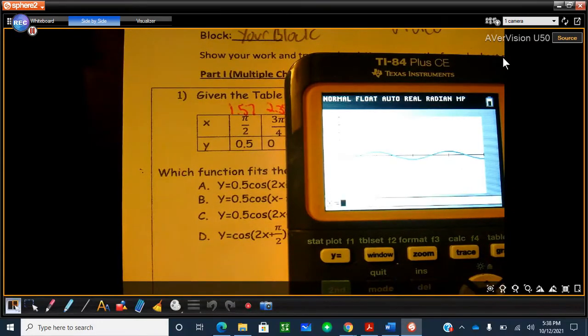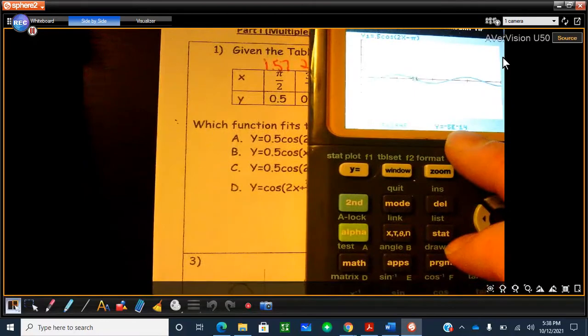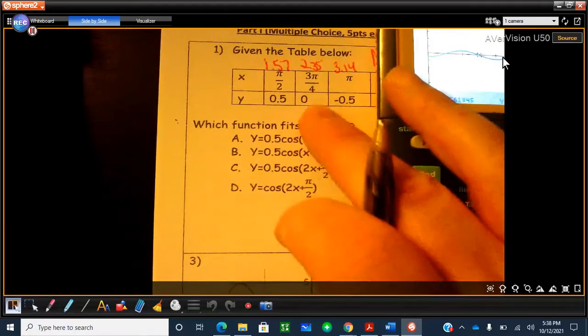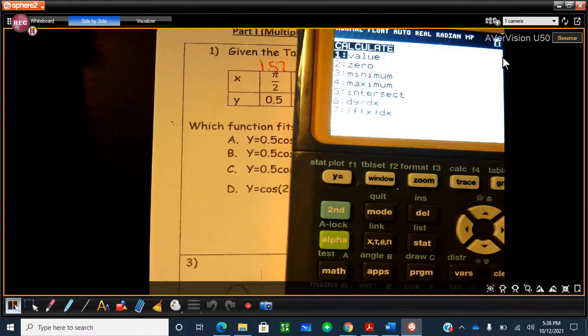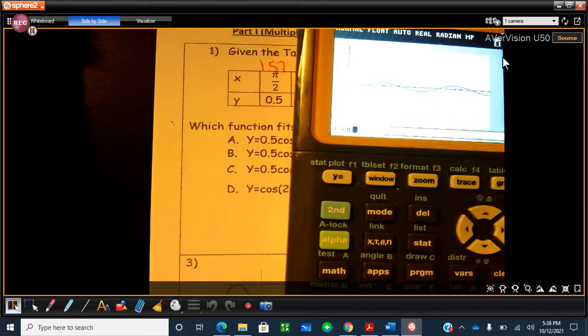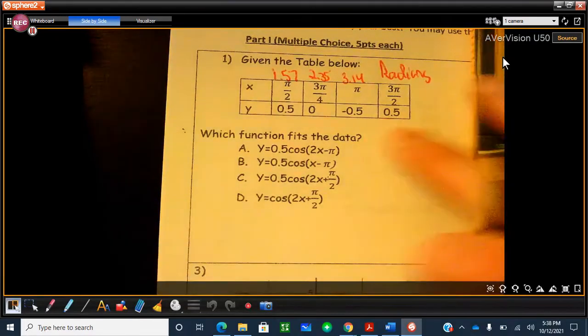What about when x is 3 pi over 4? You get kind of confused with this one because it's e to the negative 4. That means it's really close to 0. And then pi, second calc, a value, if I put in pi, I get negative 0.5. And basically, the first one matched.